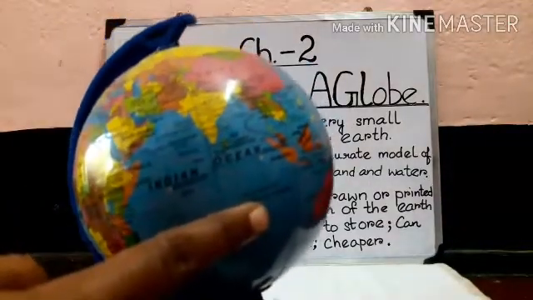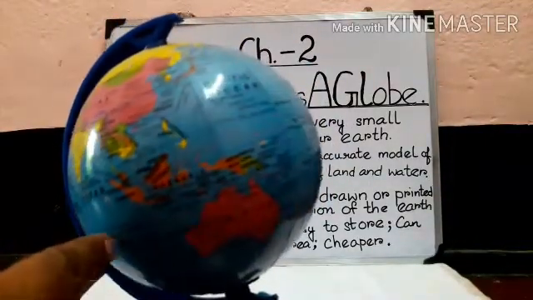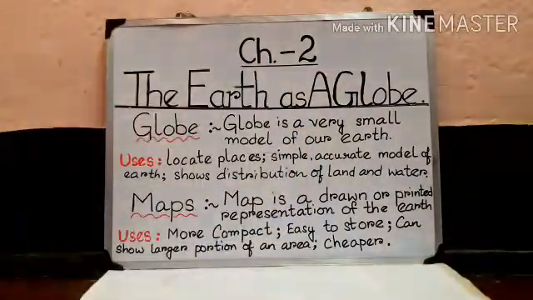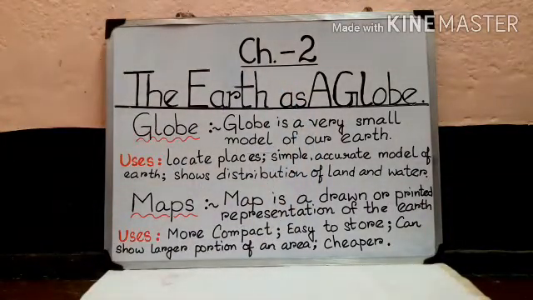Though not so fast, it rotates very slowly. So, as we have learned, the earth rotates on its axis. What is an axis? It is an imaginary line which is drawn to divide the earth into two equal halves, from north to south.